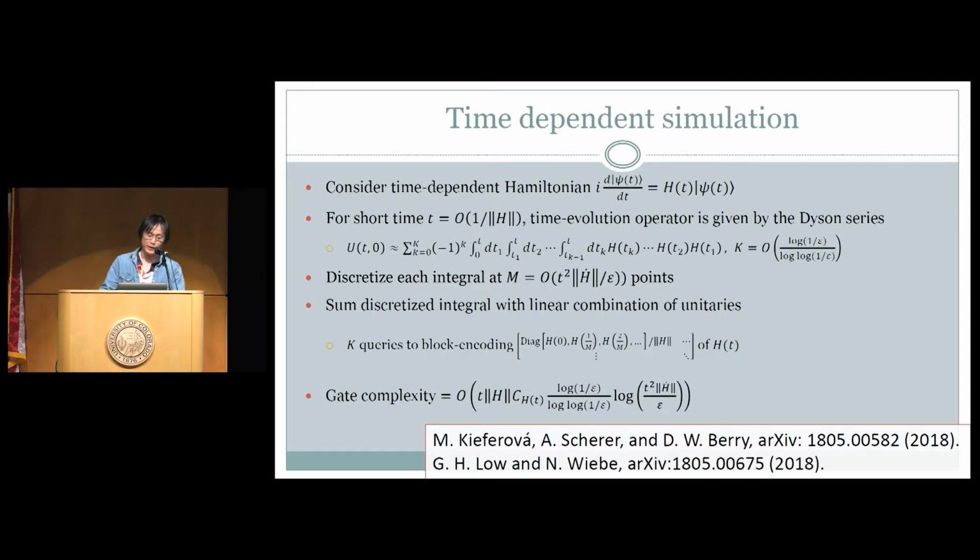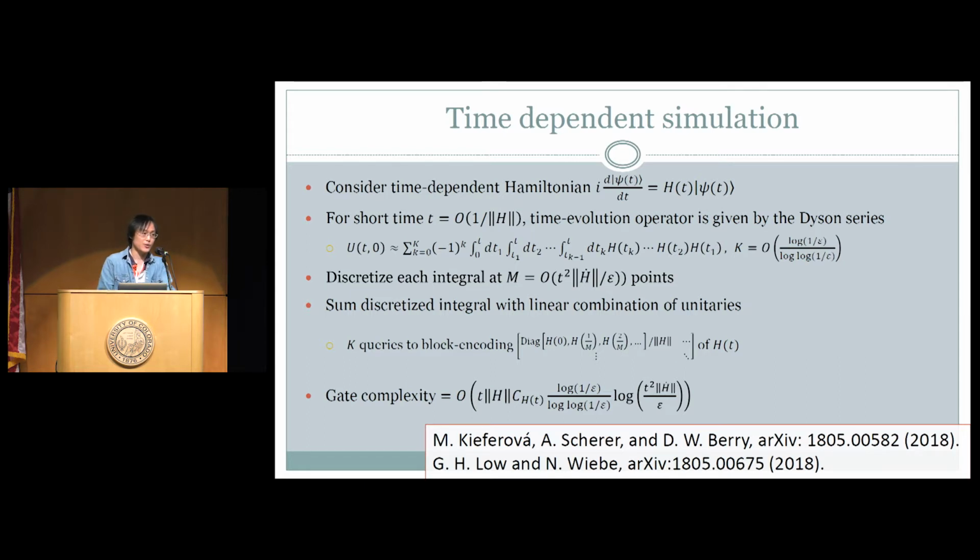It's a bit of a mouthful. And now that we have expressed our integral as a sum, one can note that this is a sum over a uniform distribution over a k-dimensional simplex. It's actually not too hard to prepare this state. And if you were to create this state as a thing that you use to select the terms in a Hamiltonian, you can actually just directly approximate this time-ordered evolution operator.